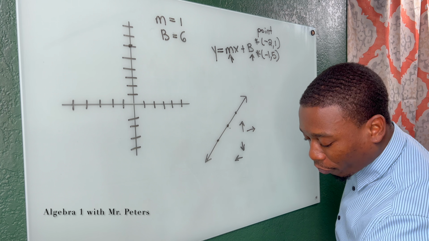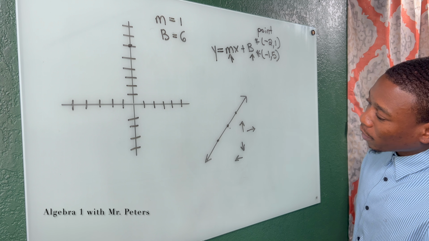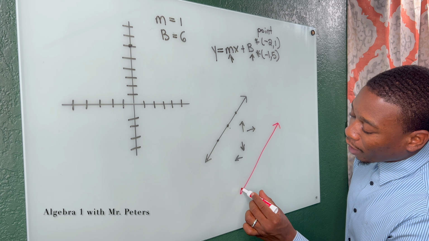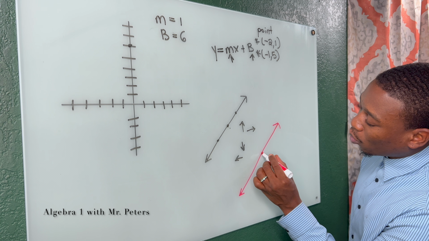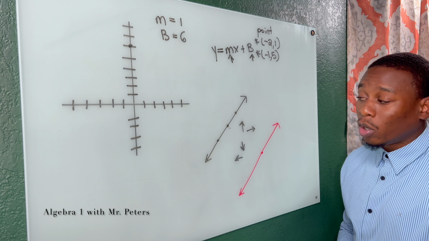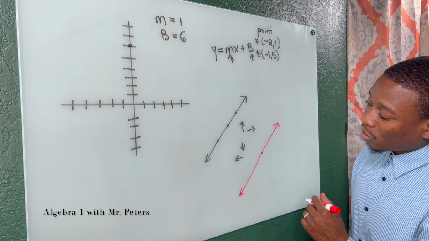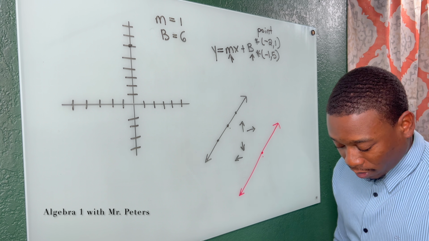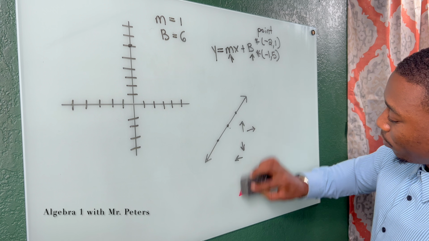Now, for negative slope, the relationship is the opposite, right? So if we have a negative slope and this is our first point, what we're going to want to do is the opposite. Oops, drew this wrong, guys, my bad. Hold on.